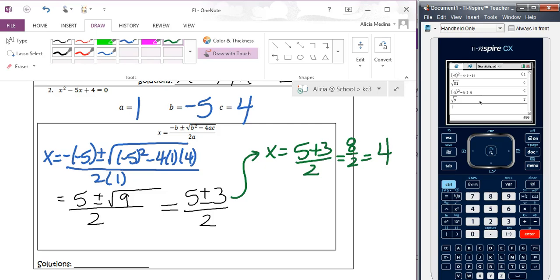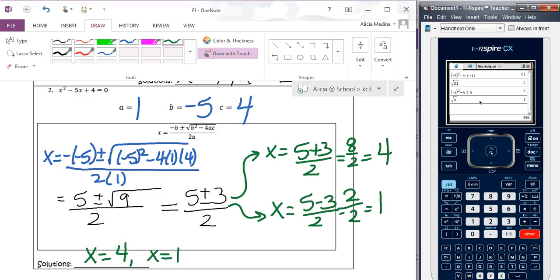The other option is x is going to equal 5 minus 3 over 2. 5 minus 3 is 2. 2 over 2 is equal to 1. So my two solutions here are x equals 4 and x equals 1.